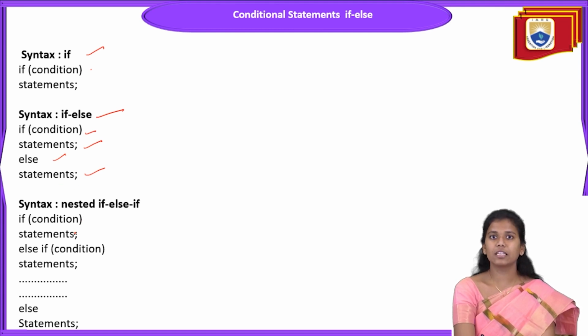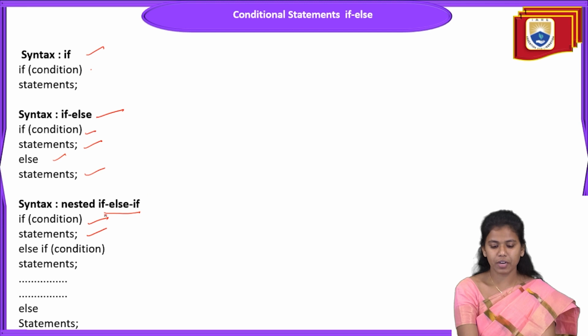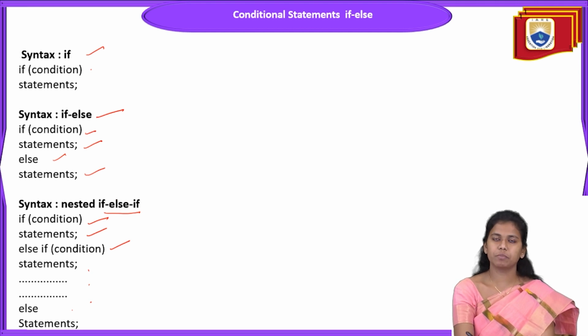And then the nested if else if, which is an extension of the if else statement. Here we declare the if condition followed with the statements, and then else if condition followed with the statements, and then the else statement. It is called the nested if else if statement. We see more than one condition occurring.